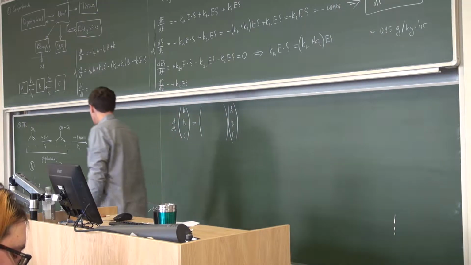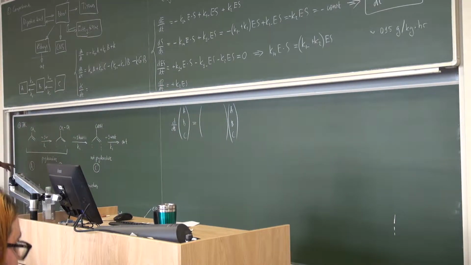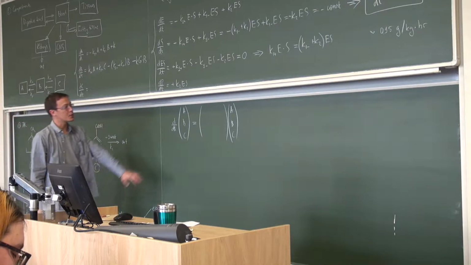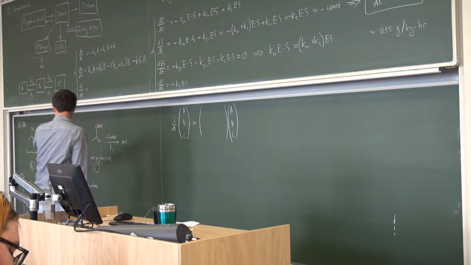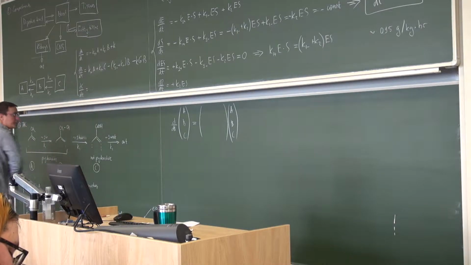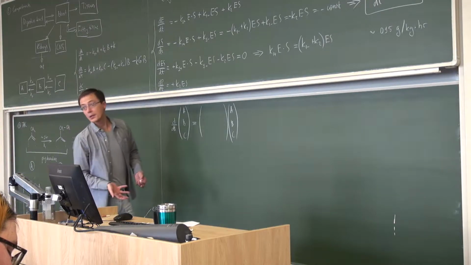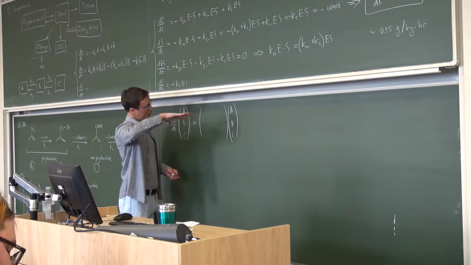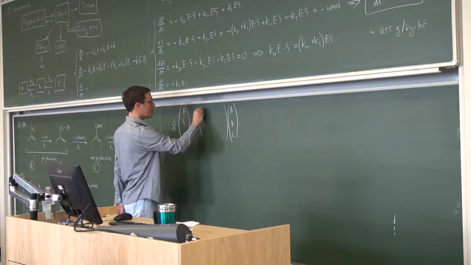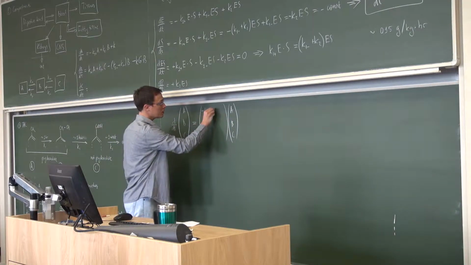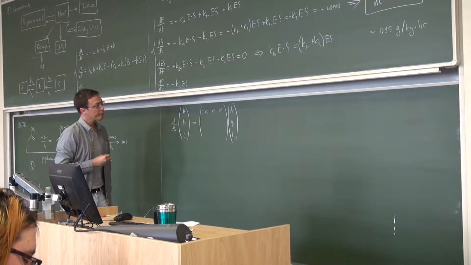What do we have? dA by dt is minus K1A, so whatever's in the matrix must be multiplying just A and not multiplying either B or C here. The way we multiply matrix by a vector is to take it and multiply it into a row, so there must be minus K1 here, 0 here, and 0 here.